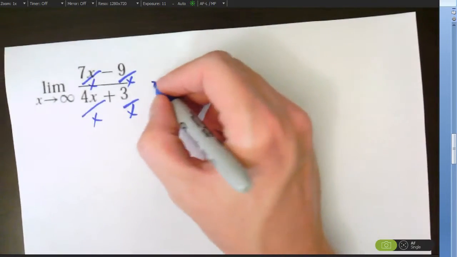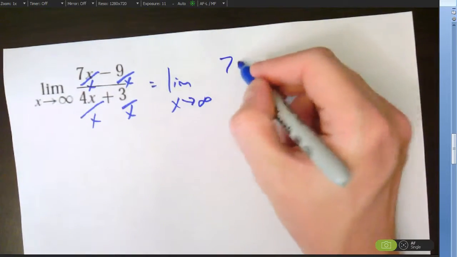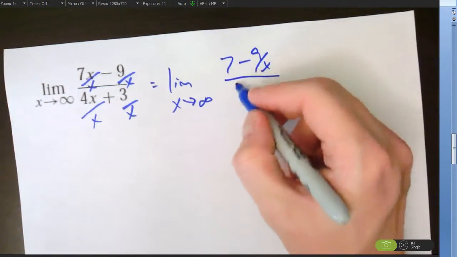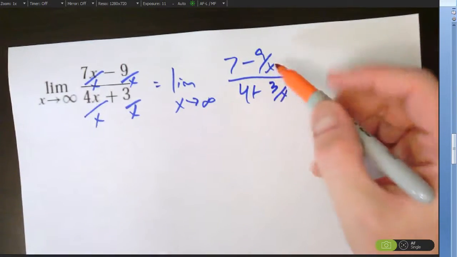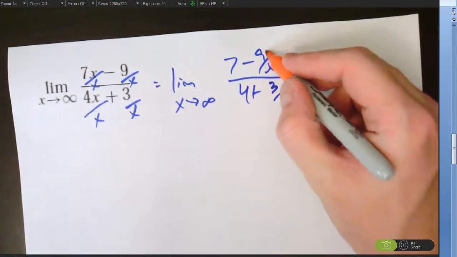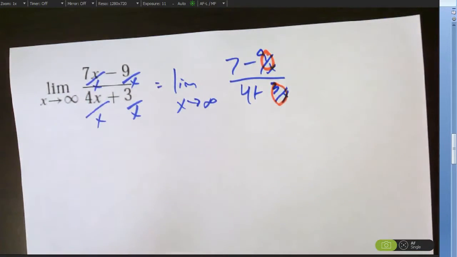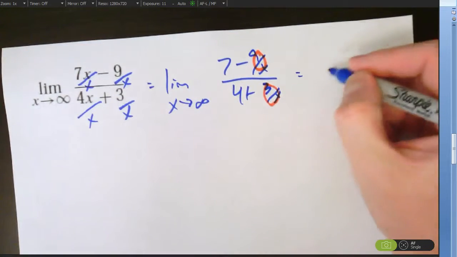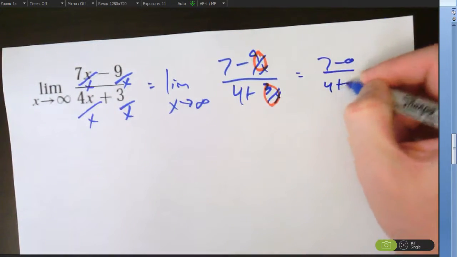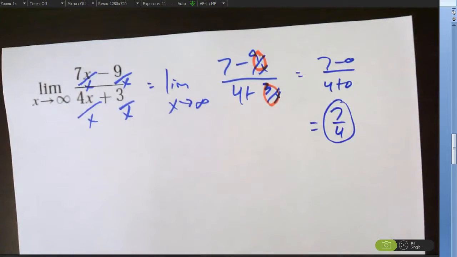So this becomes the limit as x goes to infinity of 7 minus 9 over x, over 4 plus 3 over x. And then, plugging infinity in, number over infinity becomes 0, and number over infinity becomes 0. So for us, limits-wise, we can say this is equal to 7 minus 0 over 4 plus 0, which is just 7 over 4. So there's our limit.